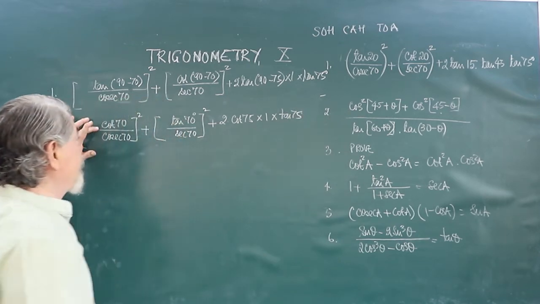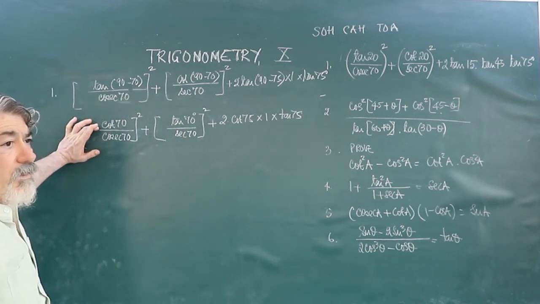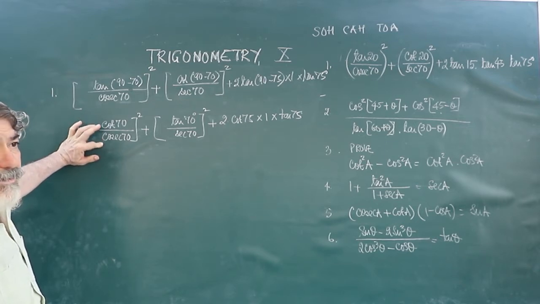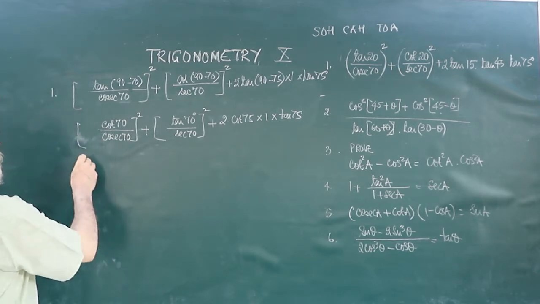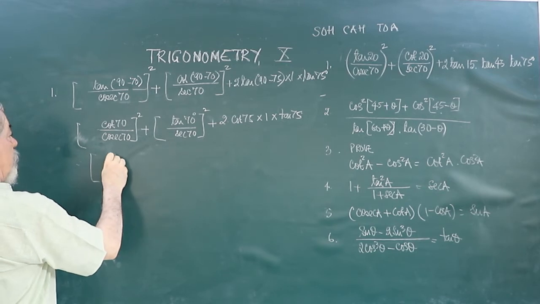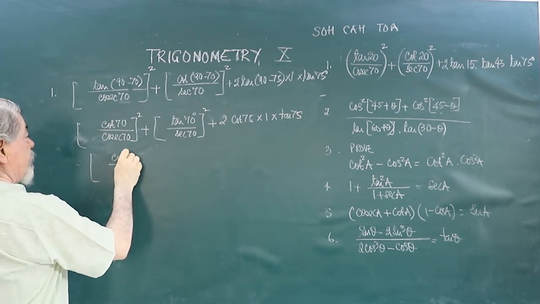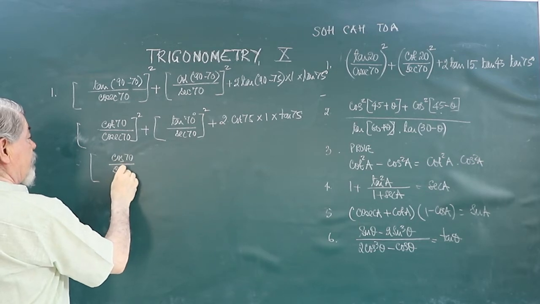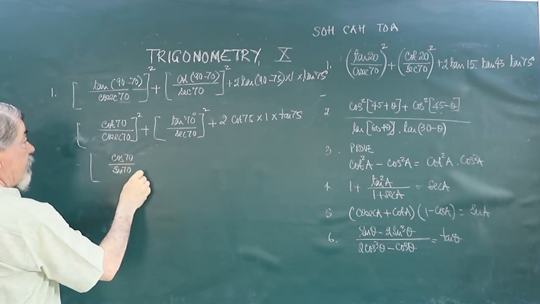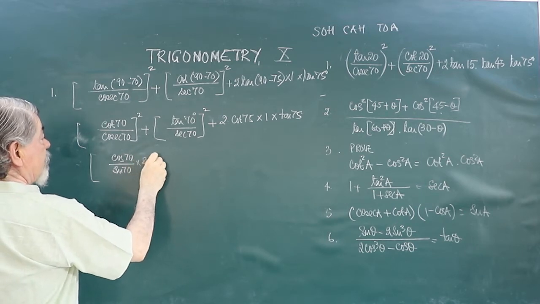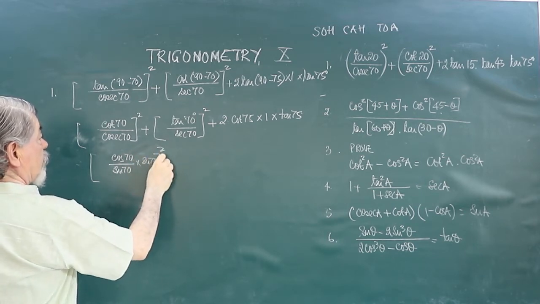Now cot 70, cot is what? Cot is cos upon sine. Cos theta upon sine theta, so cos 70 upon sine 70, divided by 1 upon sine 70, so sine 70 will come here, whole square.